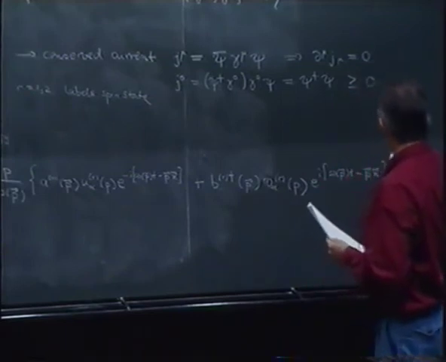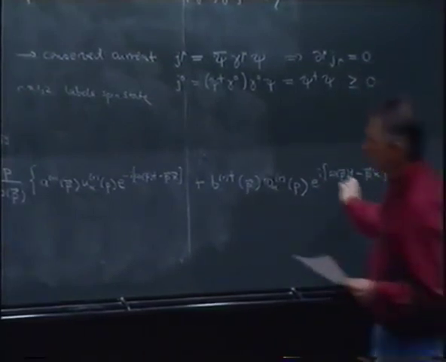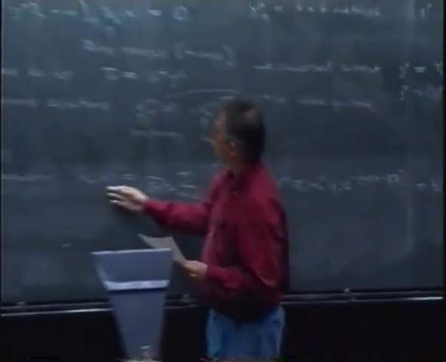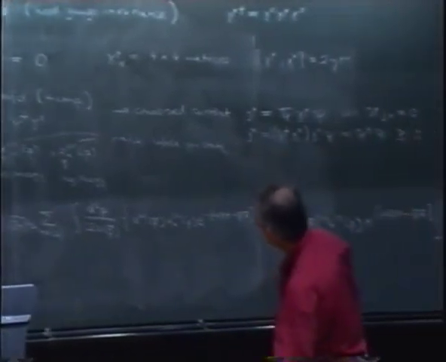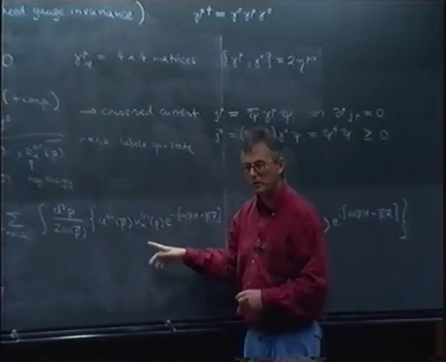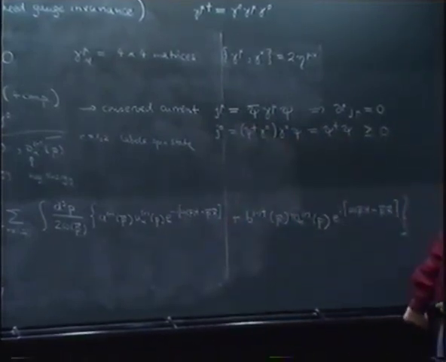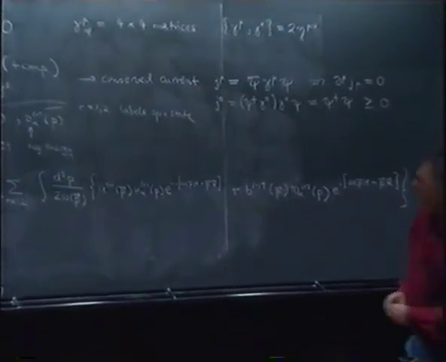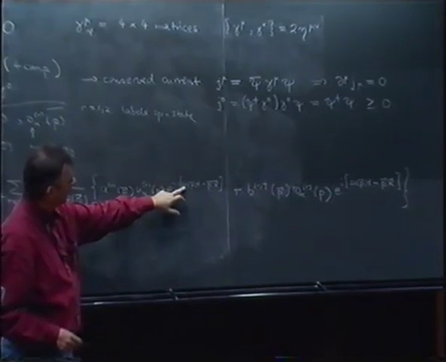So this is now the expansion of an arbitrary solution of this equation into Fourier modes. As I said, you can look these things up in Bjorken and Drell's volume. This is a standard thing. So what do we have here? Here we have the positive energy solutions.